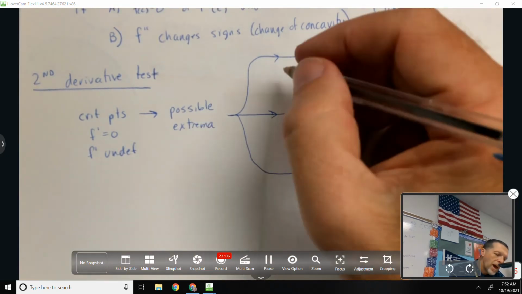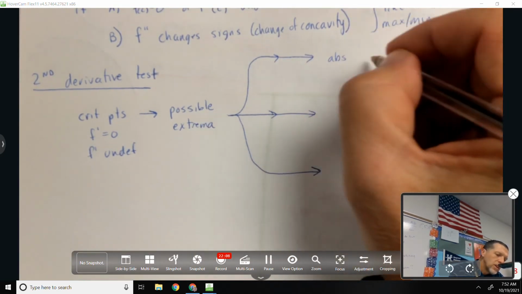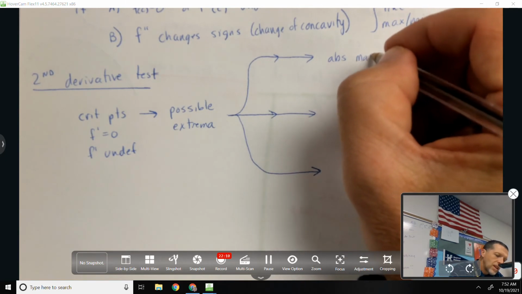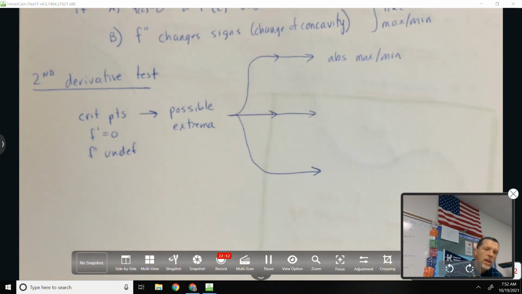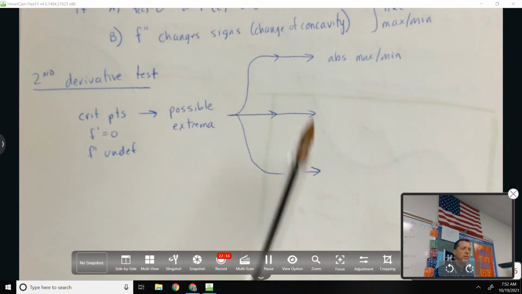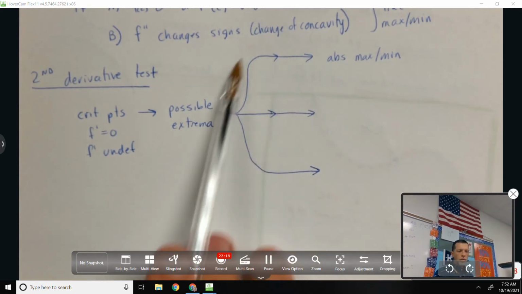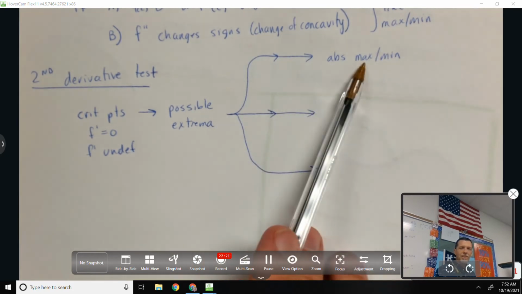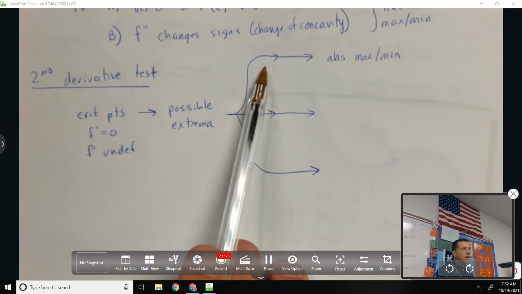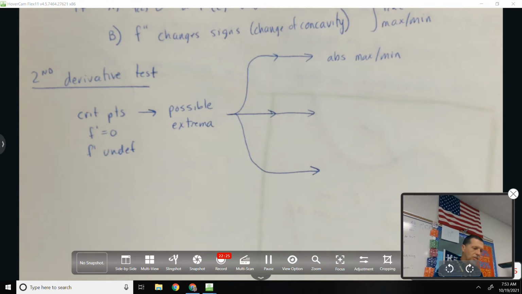So the first path we learned led to absolute max and min. So that was number 1 on the quiz yesterday. So what was the name of this route that you took to land at absolute min and max? Table of values.